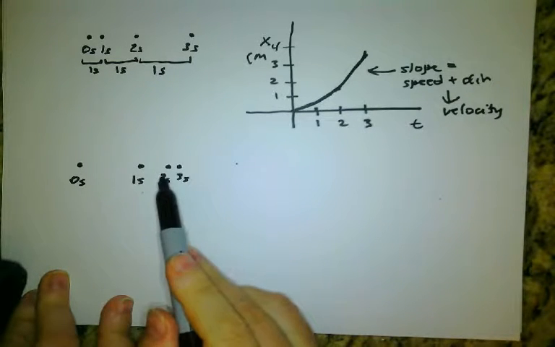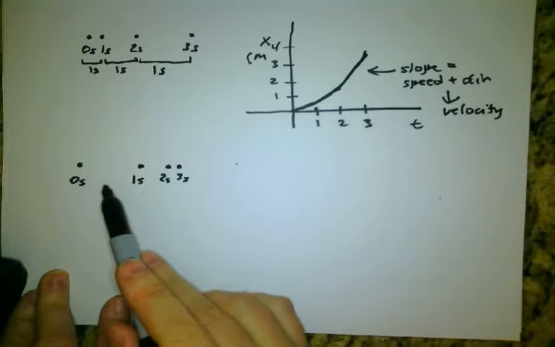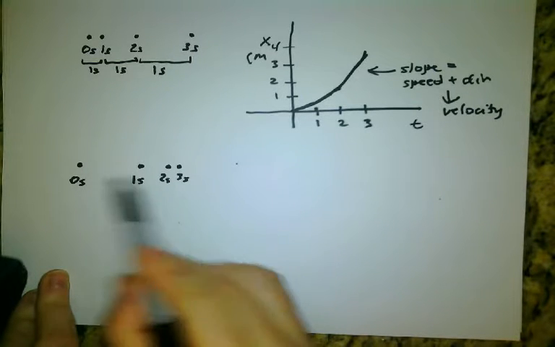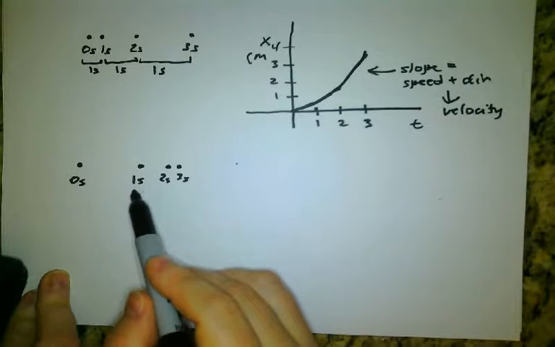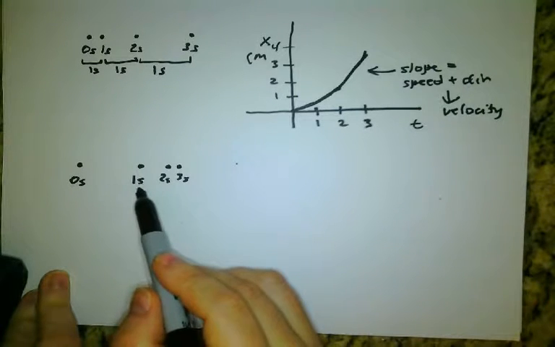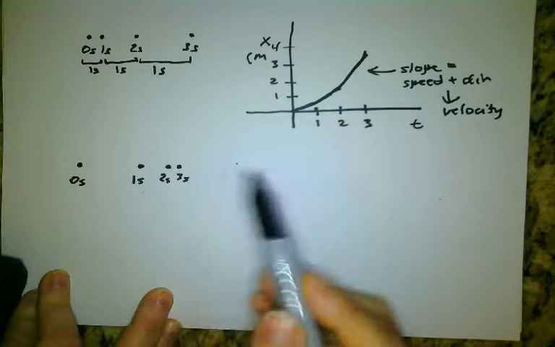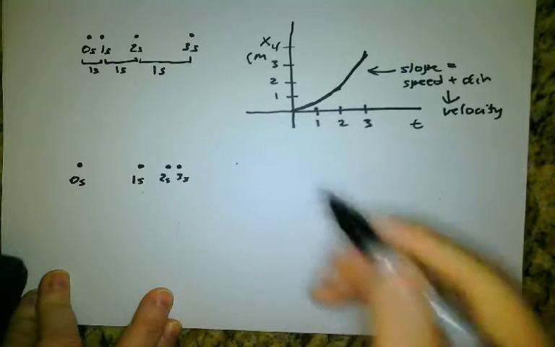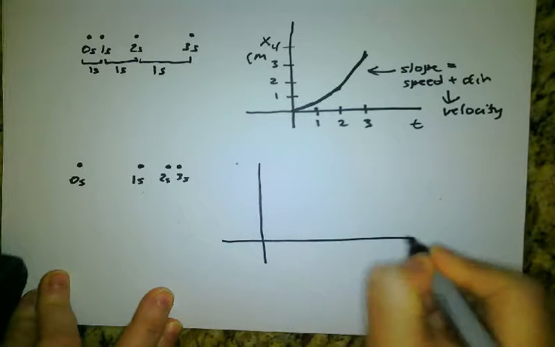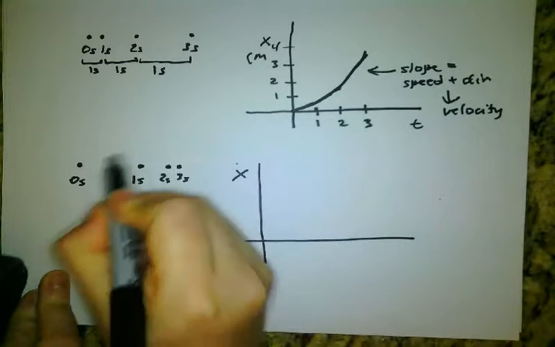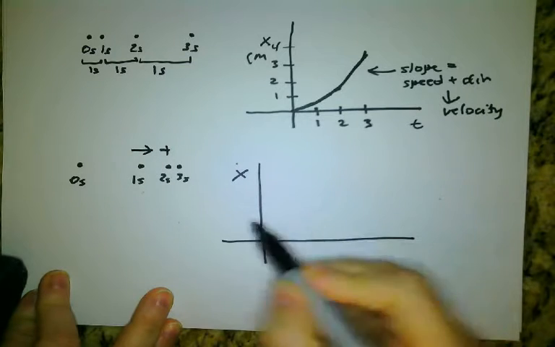It's like imagine if you're taking a strobe picture of the motion and you're just lighting it up where it is at that 1 second, and then one other second passes and you light up your strobe light and bam, it takes another picture. So what would that look like? Well, it's still moving to the right, right? We're calling this direction right.